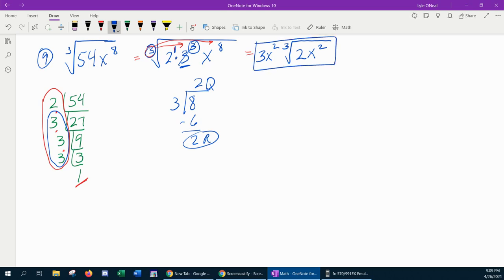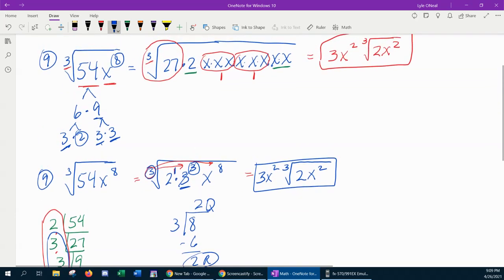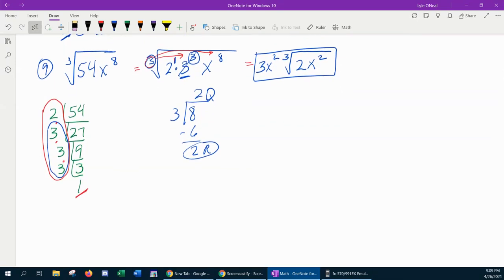And that's how you can simplify those variables super easy. If we compare that to our previous answer, bam, you're going to see that we got the same answer.